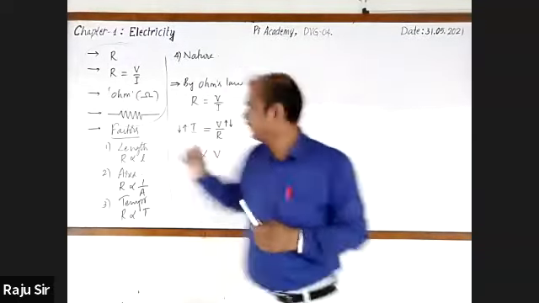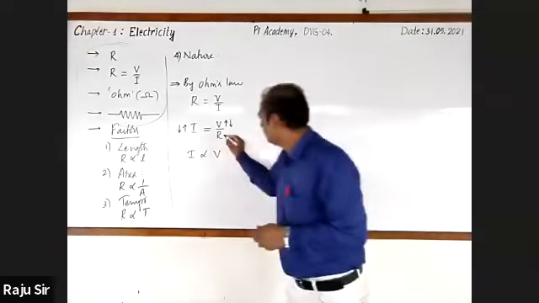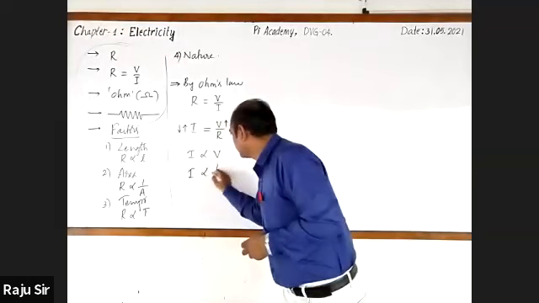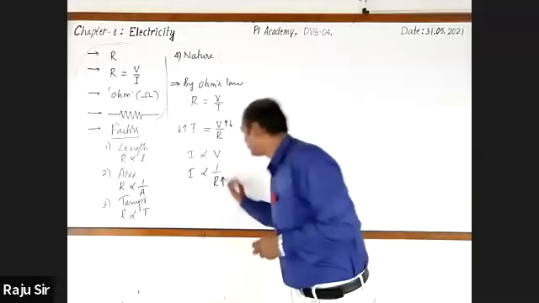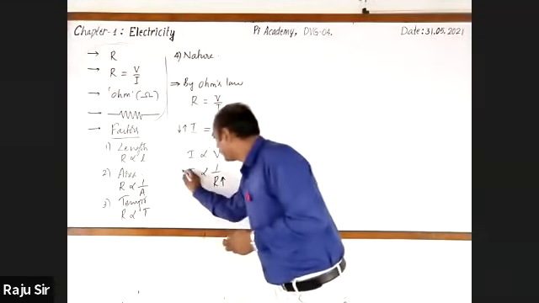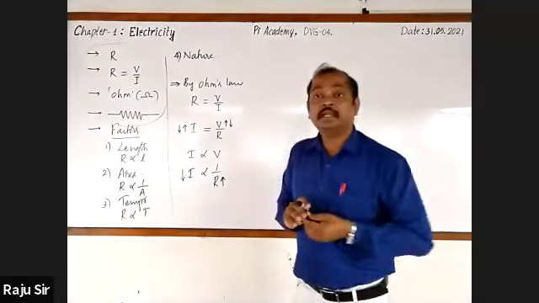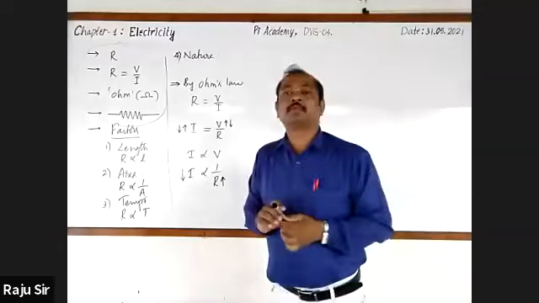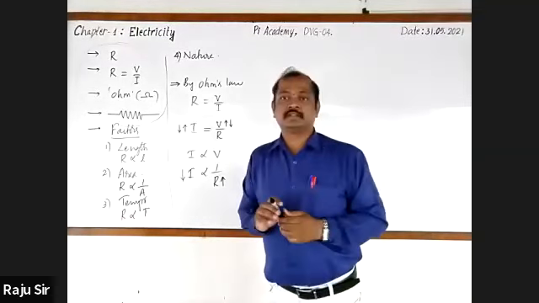Do remember, as electric resistance increases, I is inversely proportional to R. As electric resistance increases, current decreases. Reason, there will be more opposition for the flow of electrons.